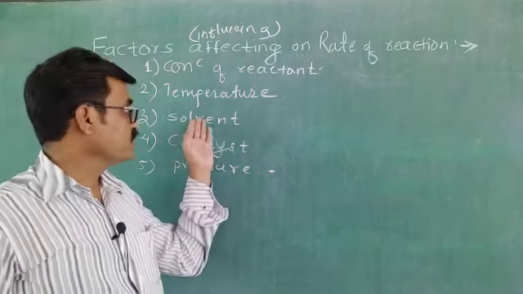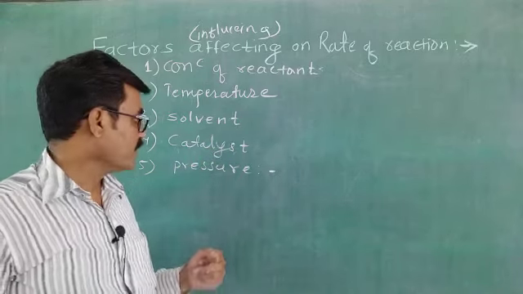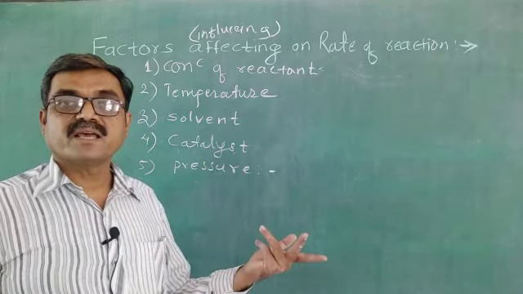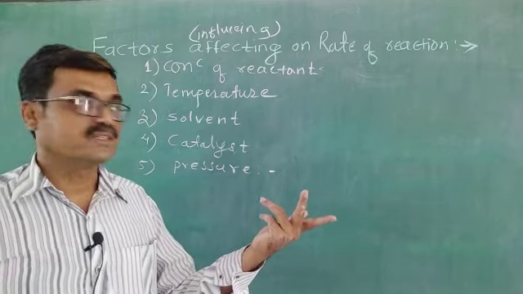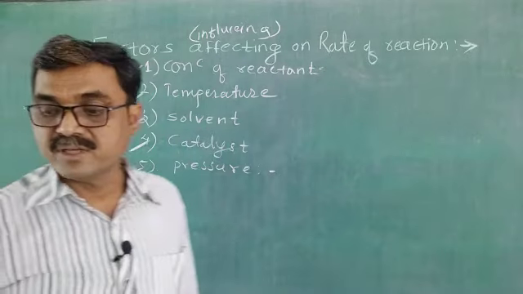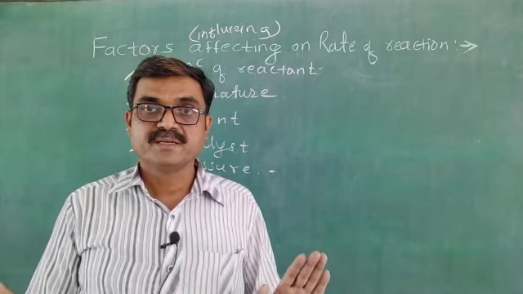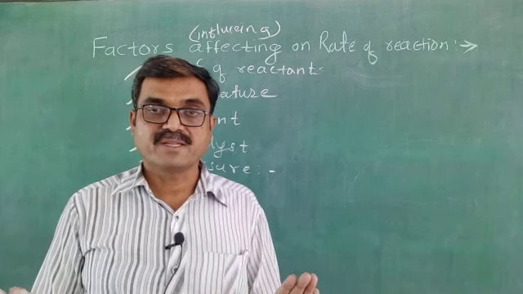That's why the rate of reaction also depends upon the nature of solvent. Catalyst increases the rate of reaction. Okay, now pressure: for gaseous reaction, as pressure increases the rate of reaction also increases. In this way these are the 5 important points affecting the rate of reaction. Here we completed the factors affecting the rate of reaction.